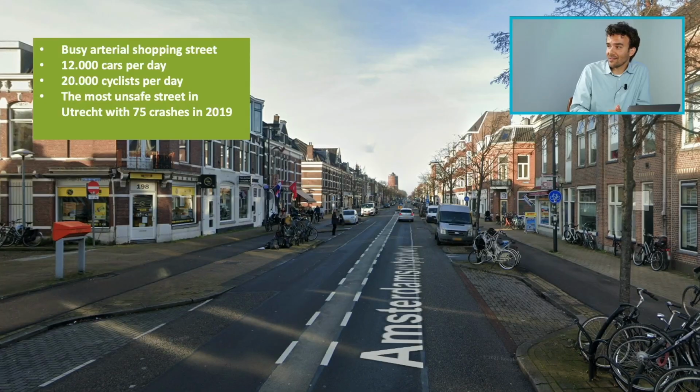And you can imagine that that's a lot of functions and a lot of claims on space on a pretty constrained corridor, because obviously the width of the street hasn't changed much with the growing number of people traveling through it. At the same time, there's still quite a lot of retail of a different size and scale as it used to be when it was more of a prestigious street. It's not very prestigious retail at the moment. There's a lot of supermarkets. But it currently also holds the title for being the least safe street in Utrecht.